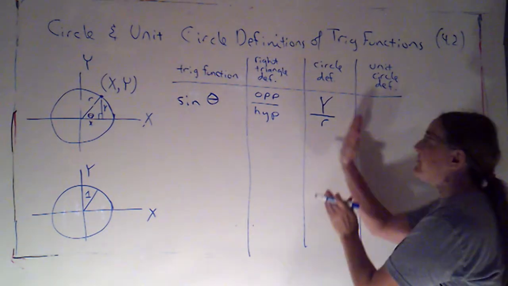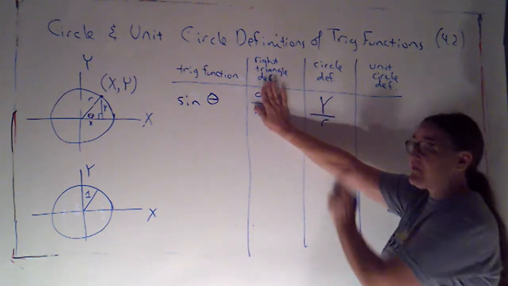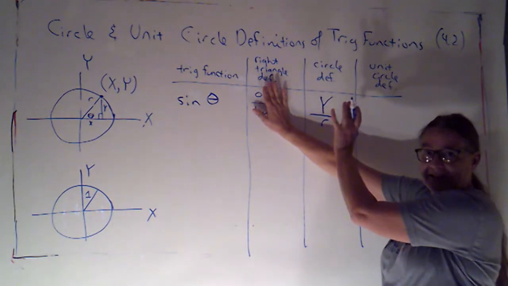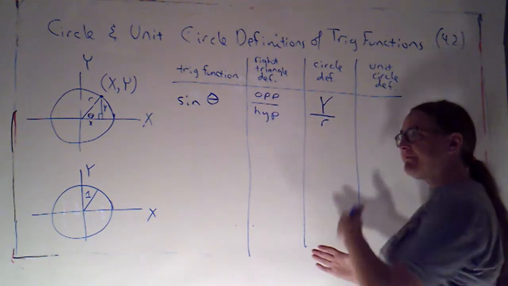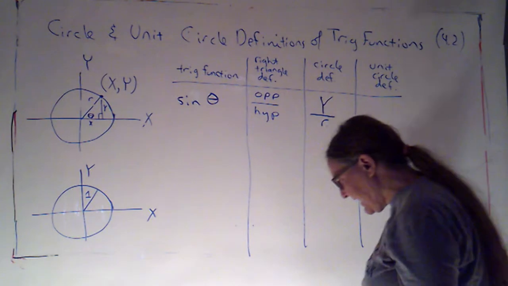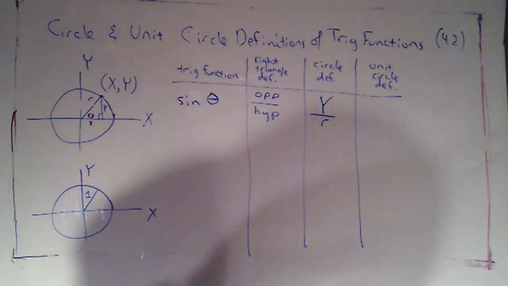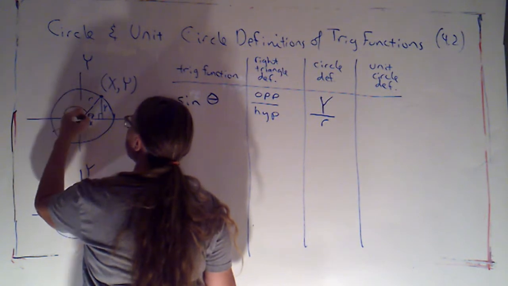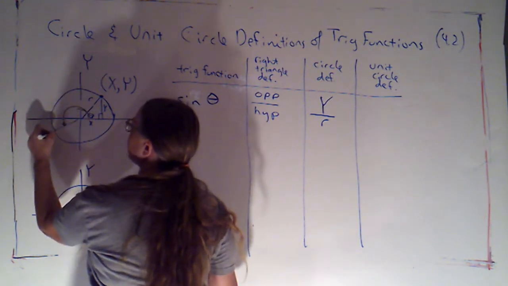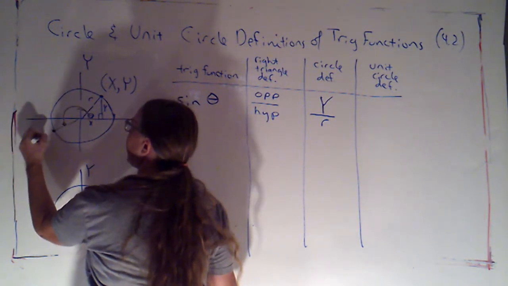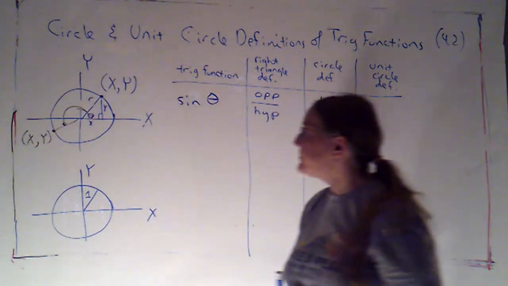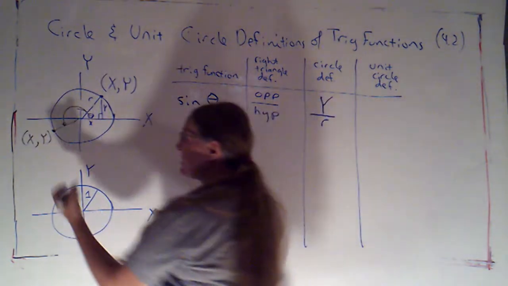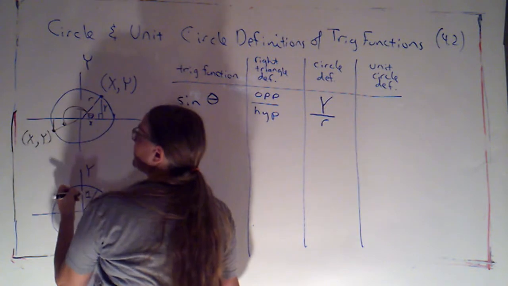Now, if I forget where that came from, that y and r were side lengths, I can say for any angle, no matter what angle I wanted to work with, if I drew an angle like so, that's going to intersect the unit circle at some point (x, y). I could, if I wanted to, draw a triangle.